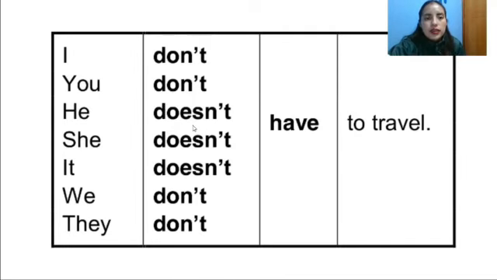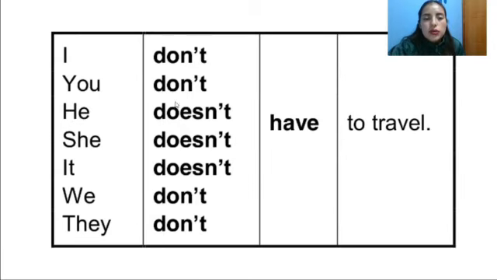And con los siguientes personal pronoun, you have to use don't in negative. For example, I don't have to travel. Yo no tengo que viajar. You don't have to travel. She, he, and it doesn't. He doesn't have to travel.